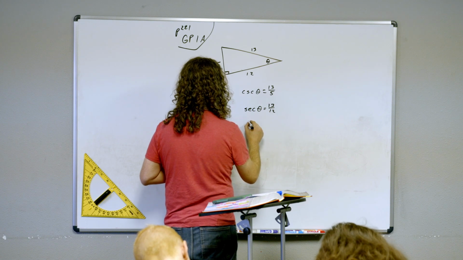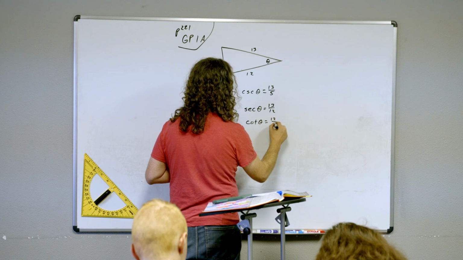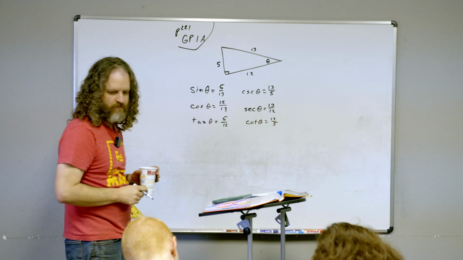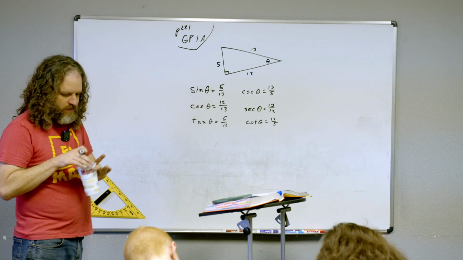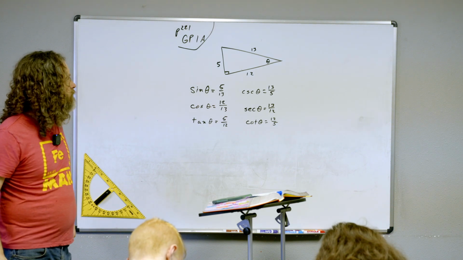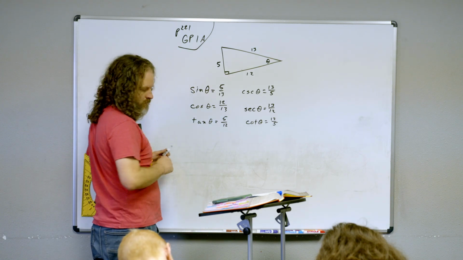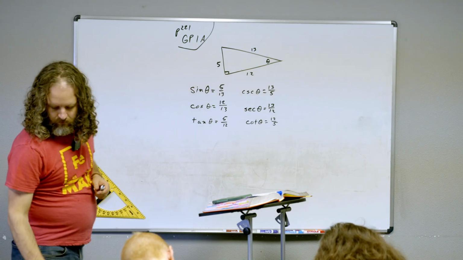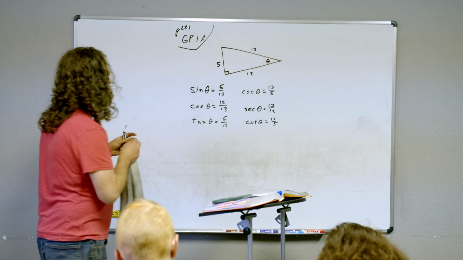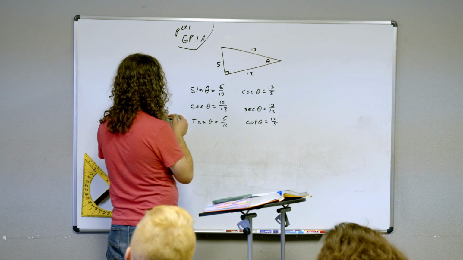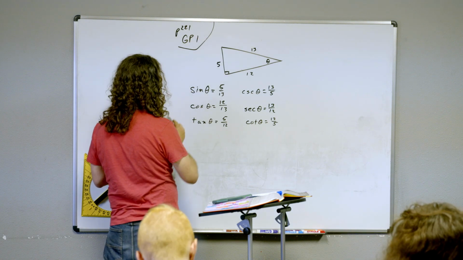And the cotangent would be 12 over 5. That's the answer, all of that.